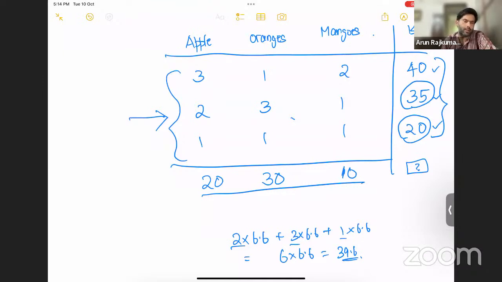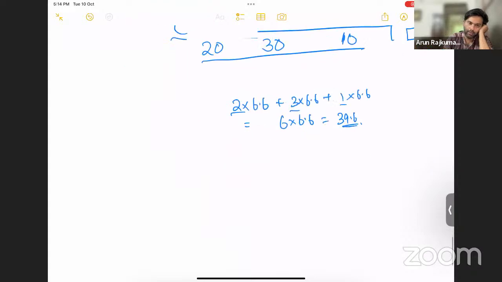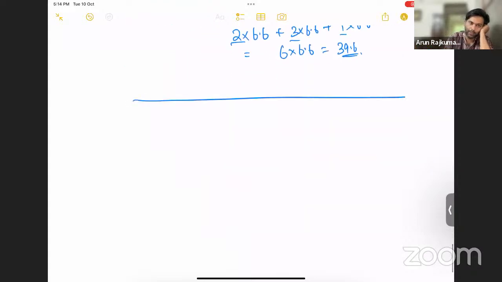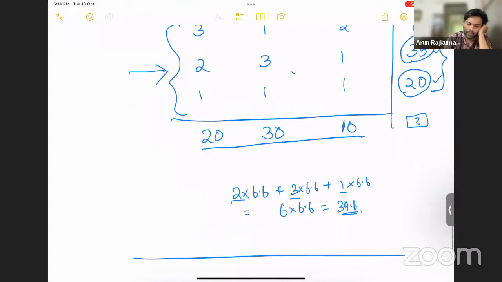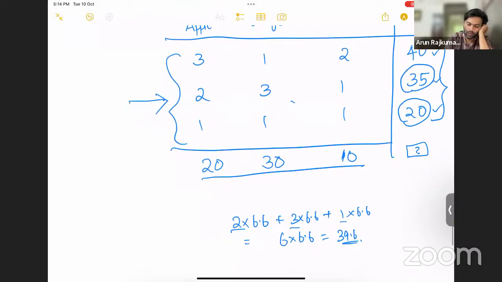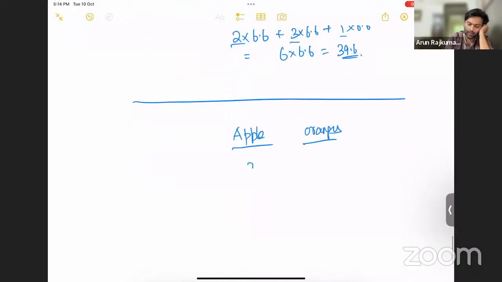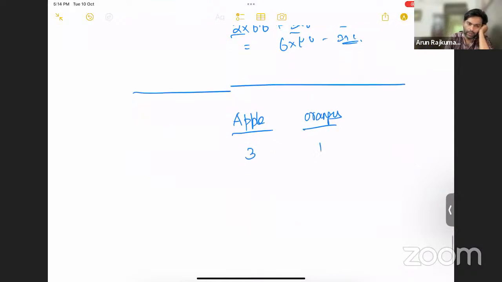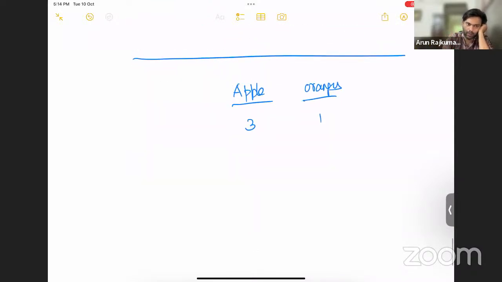Statistical analysis, yes. In this, we are not yet in the statistical analysis realm, but there is a simpler way to figure this out. So let me make this question slightly simpler. Let's just look at apples and oranges only. Let's not worry about mangoes for the moment. Let's say 3 apples, 1 orange. This is a different problem, so don't worry about the previous problem.